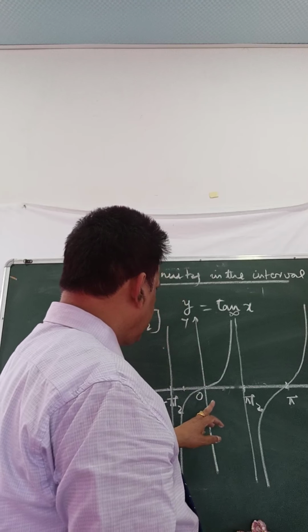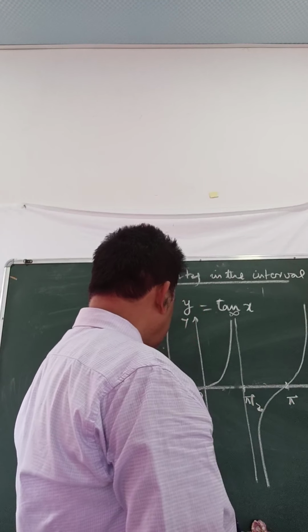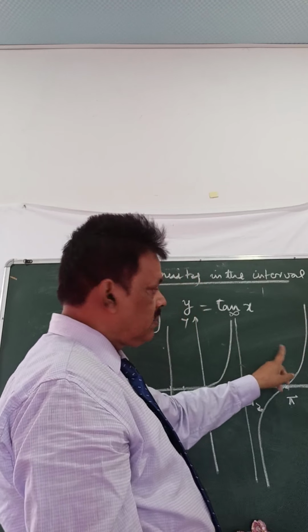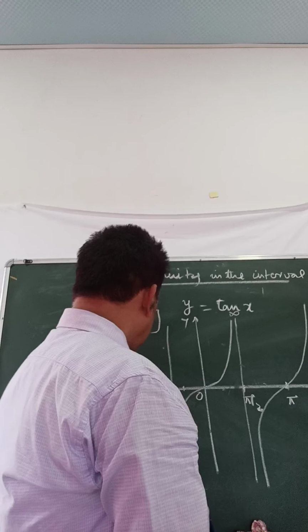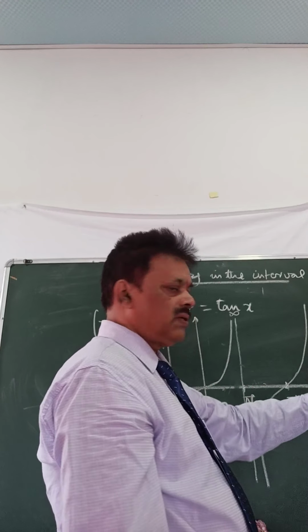That is what you find for all the real numbers. There is a break in this graph. You see, this graph and this graph are not joining each other. They are not joining each other, which means this is not continuous for all the real numbers.